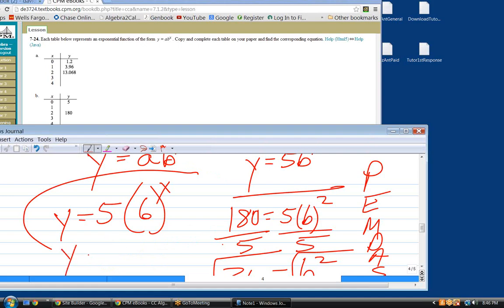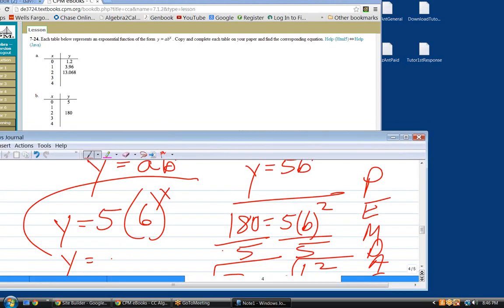Whoa. That's a big number. Well, I know, but how are we going to figure it out? I don't care if it's a big number or not. What's it equal to? 6 raised to the power of 4. I did that first. Okay.